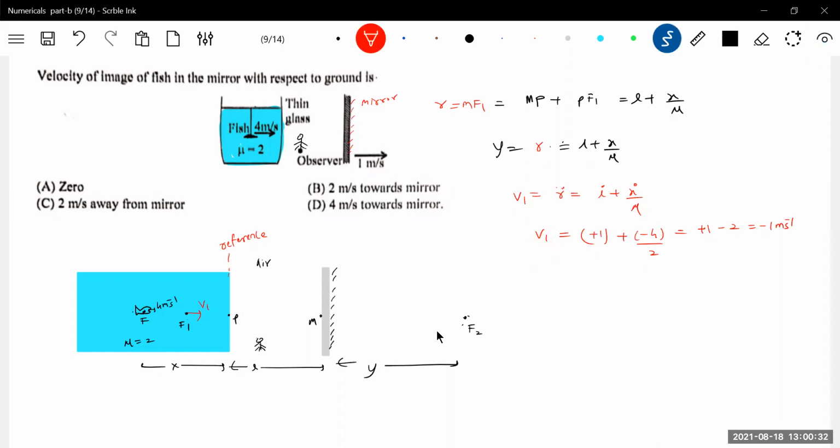This is the velocity of the image of fish with respect to ground.